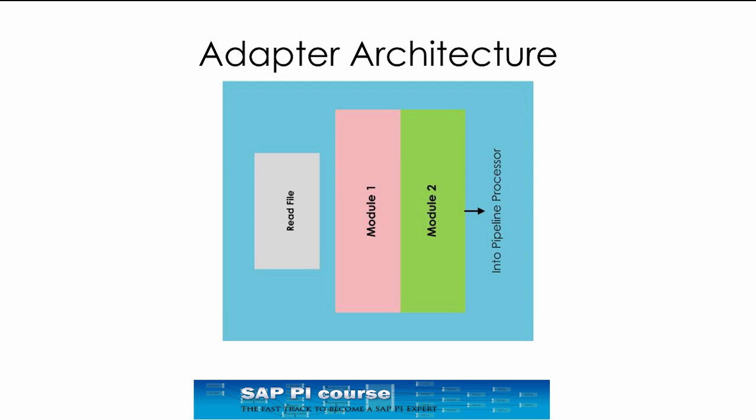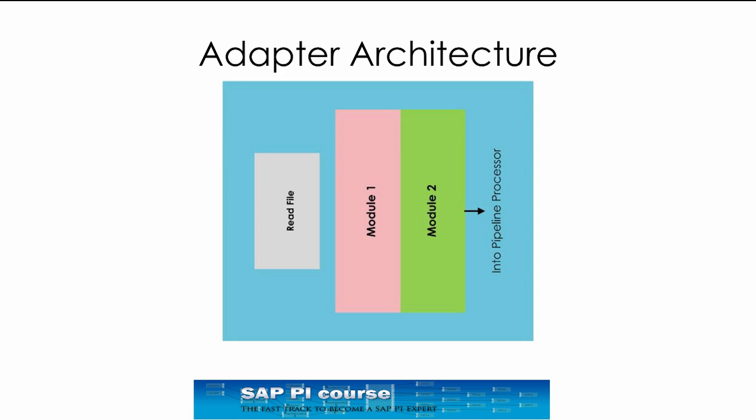If we look at what the adapters contain, they can have some different modules on them. For instance, if we read a file, we can put in some modules that can do specific operations on the file.